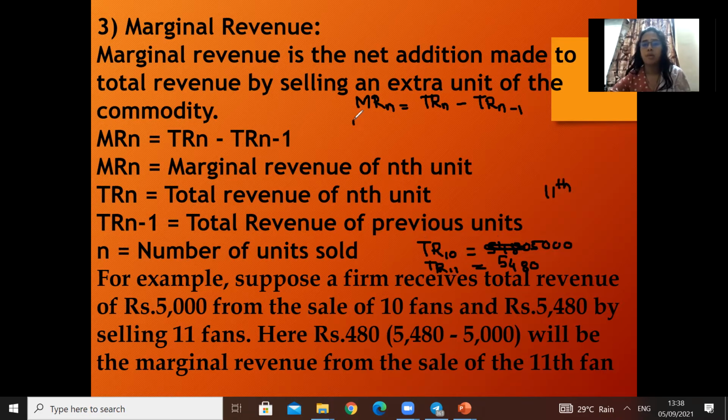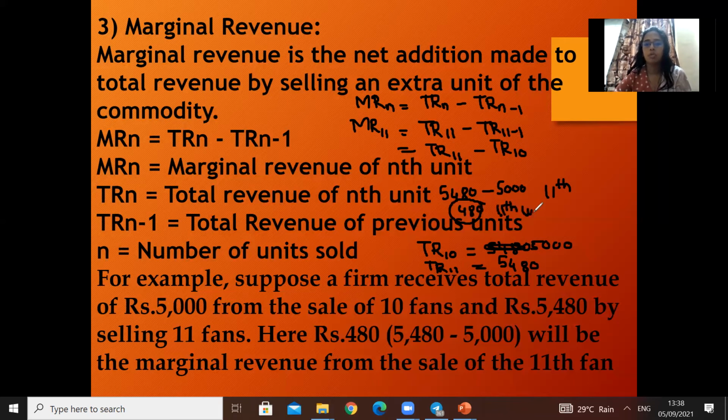So I will write marginal revenue of the 11th unit is equal to TR of n, total is 11, TR11 minus TR10. So TR11 is 5480, it is already given. TR10 is 5,000. So whatever the difference is, that is exactly the revenue received by selling the 11th unit.